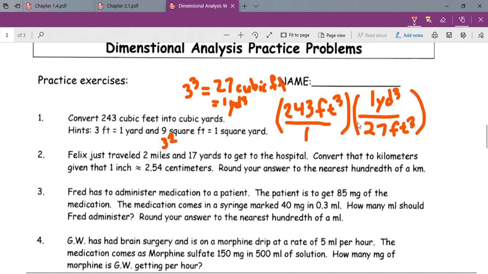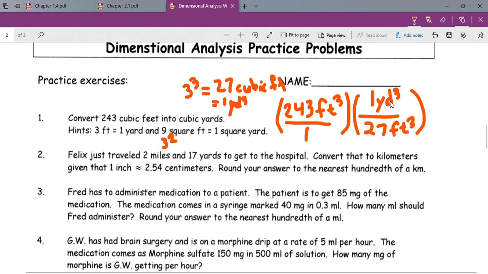Now it's simply division. So you've got 243 divided by 27. Let me make sure my calculator works. Yes, 243 divided by 27. You get 9.